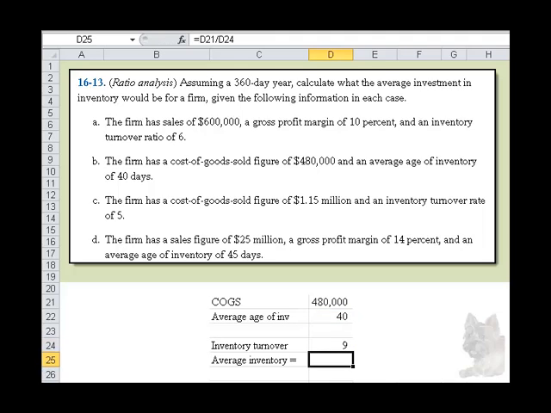Now that I know that the inventory turnover is 9, we can calculate average inventory by taking cost of goods sold and dividing it by inventory turnover. And that, again, comes from our definition of inventory turnover that we used before.